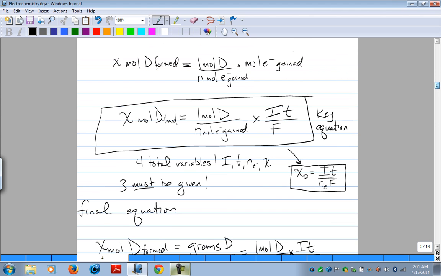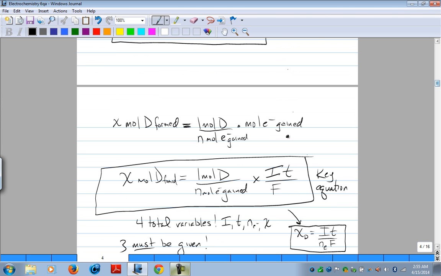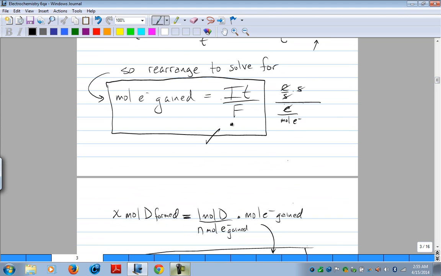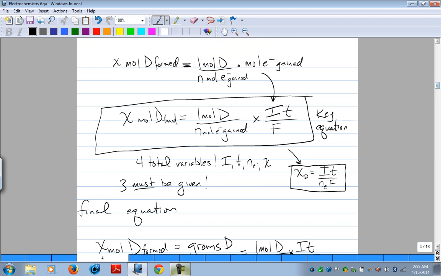So substituting for moles of electrons gained as I t over F, which we had previously solved for just by looking at units and current considerations, you can get your overall number of moles of D, let's say plated on a spoon or something like that, by just multiplying 1 mole of D per n moles of electrons gained, or basically the inverse moles of the electrons gained times I t over F.